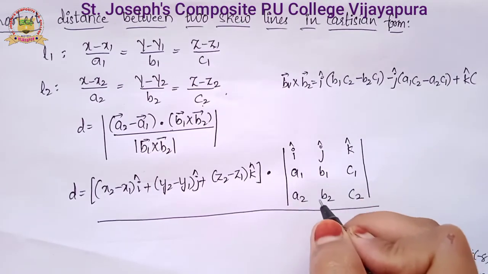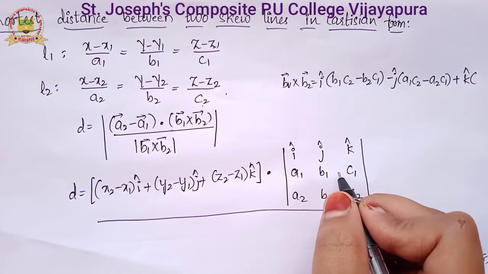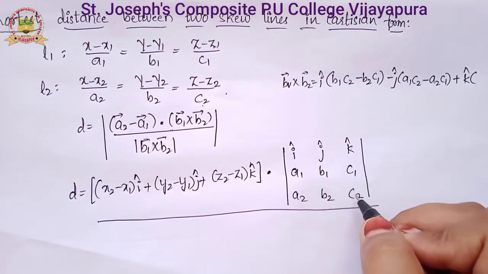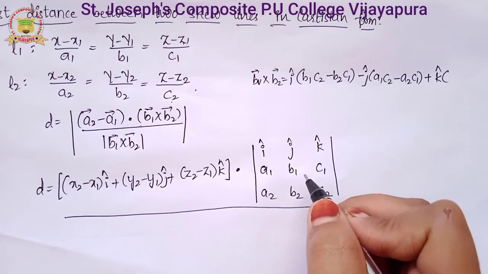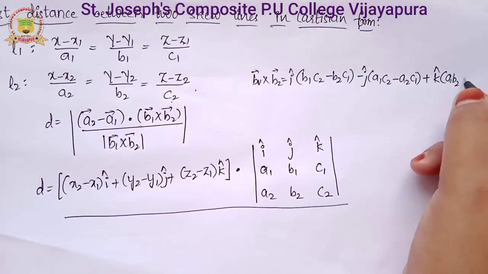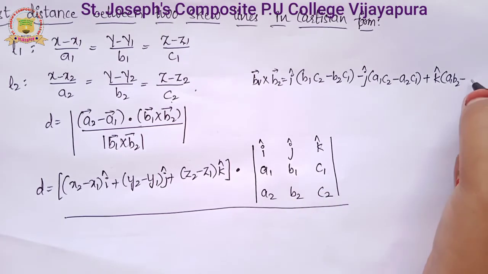I am expanding here along the first row, so i, j, k. So k vector, first row third column deleted. You will get this as a1 b2 minus a2 b1.